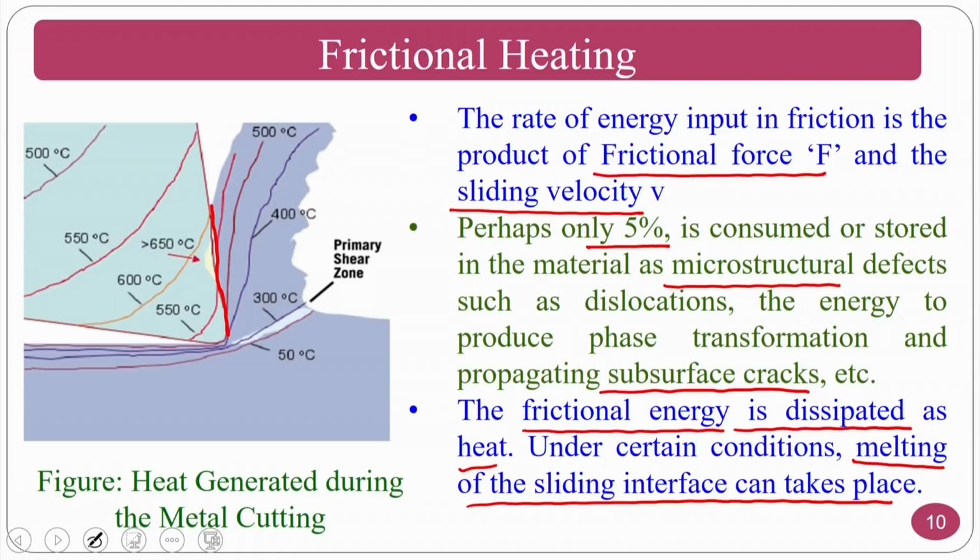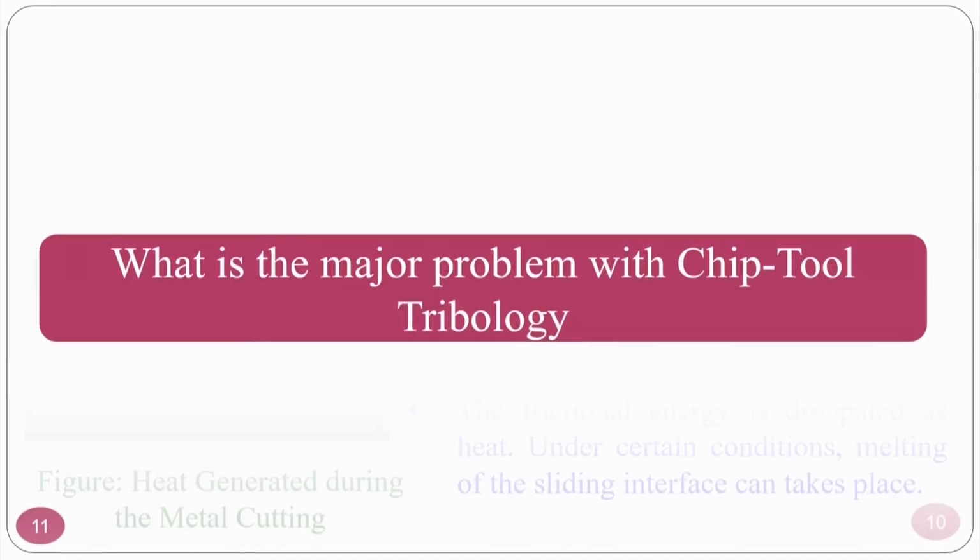At the same time, if the temperature is high, the heat carried away by the chip is always higher, that is 80 to 85%. So beneath the chip there is always a melting tendency, not in all workpiece materials. Those workpiece materials which are soft, whose melting point is low, will have a melting tendency. So this is about frictional heating.